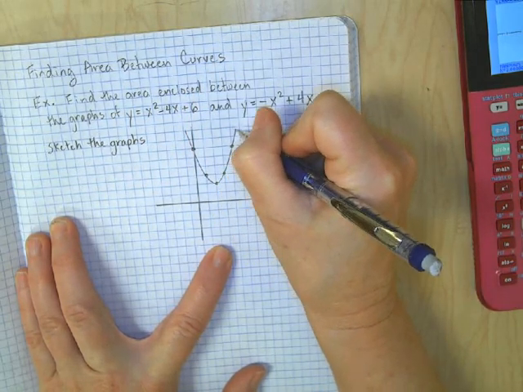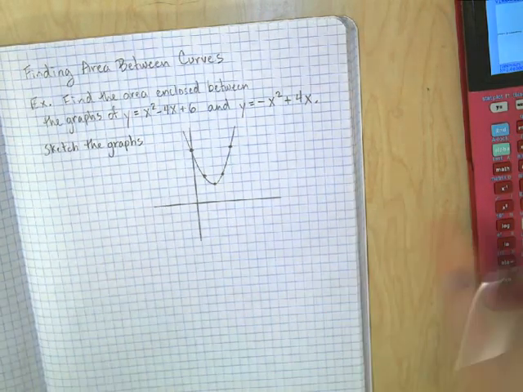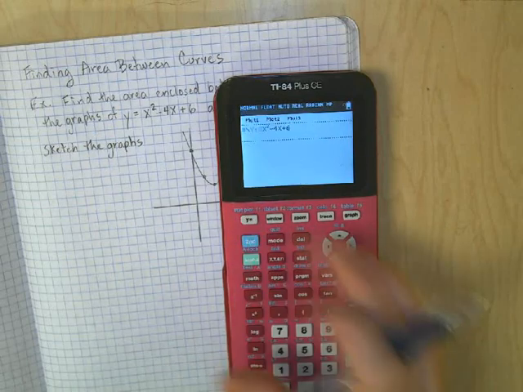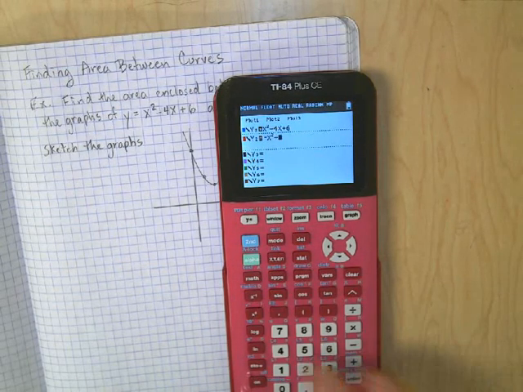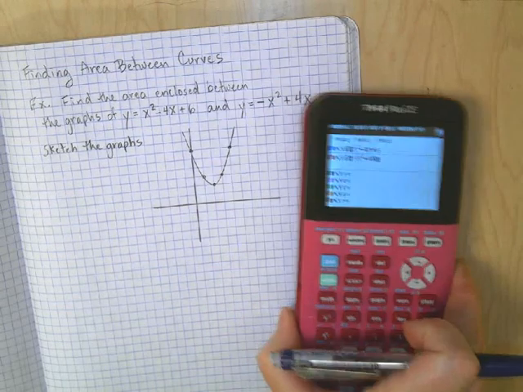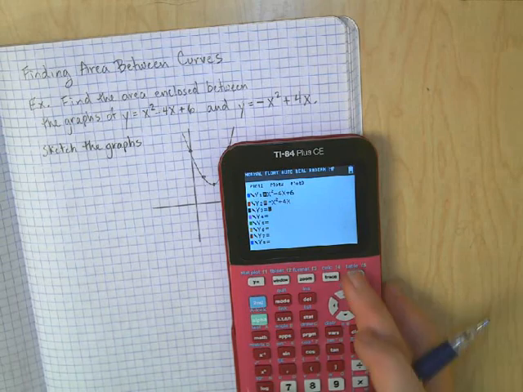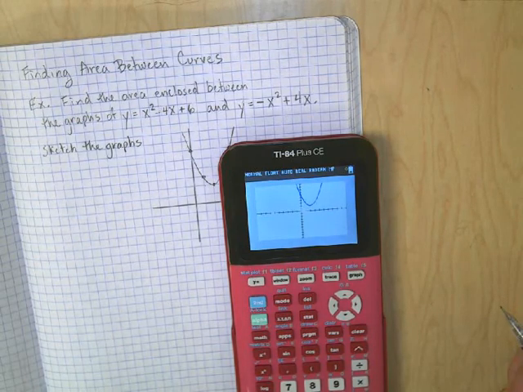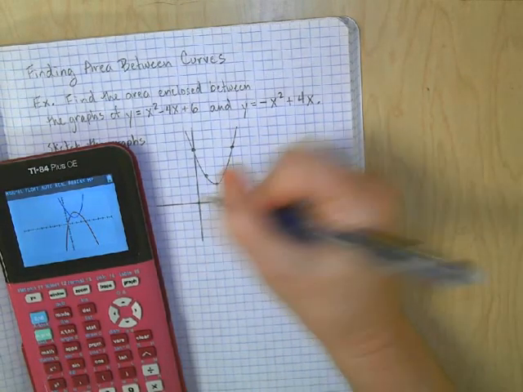And then my second function, negative x squared plus 4x. So I'm going to go ahead and graph that. Negative x squared plus 4x. Get that right? Yep. And graph that. There it is. So if I put that on here, it looks like it's crossing at (0, 0).